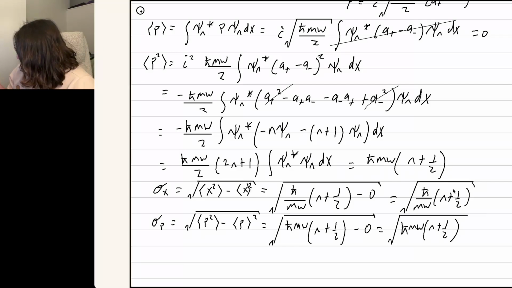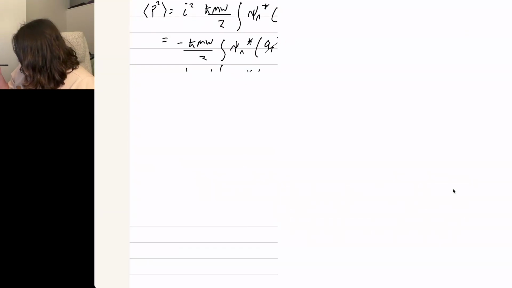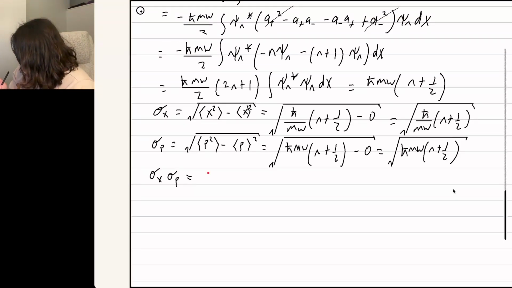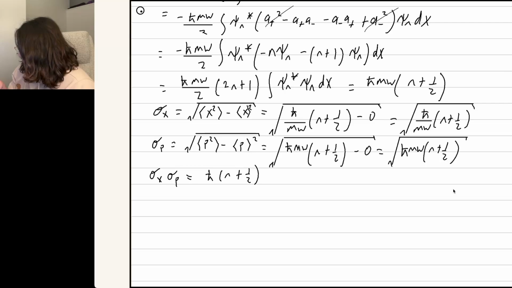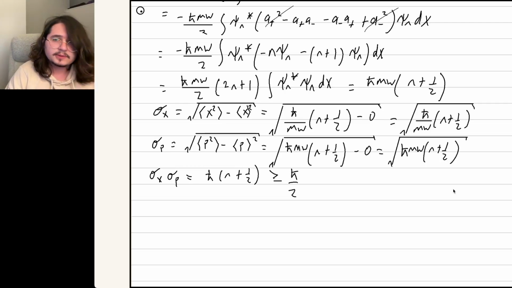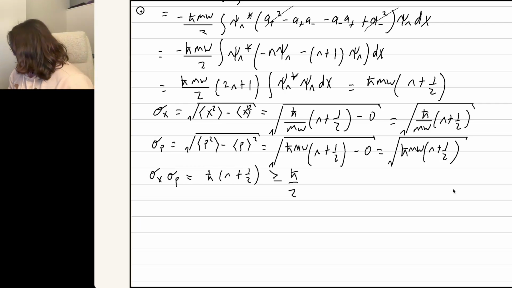Multiply those together, sigma x, sigma p, and the mω's will cancel out, so you just have ħ times (n plus 1/2), which is certainly greater than ħ over 2, or greater than or equal to. I think n can be 0, I'm not sure. So it satisfies the uncertainty principle.